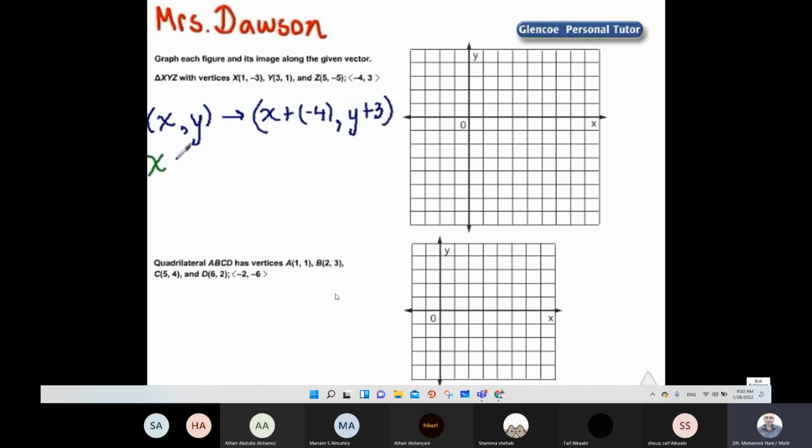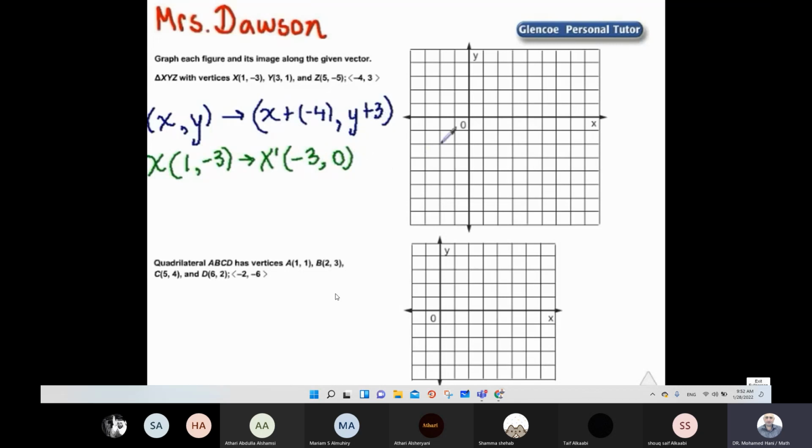Vertex X, which is at (1, -3), will be translated to X prime, which is located at the ordered pair (-3, 0). And that's because 1 plus -4 is -3, and -3 plus 3 is 0.